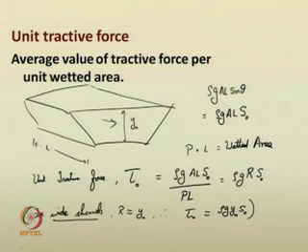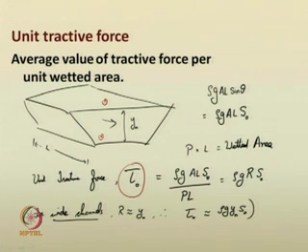As we mentioned, the unit tractive force is given by the simple tau 0. Similarly, you just consider any particle either on the side slope or on the bed of the channel. There will be unit tractive force on the side slopes as well as unit tractive force on the bed. You can independently define that quantity also.